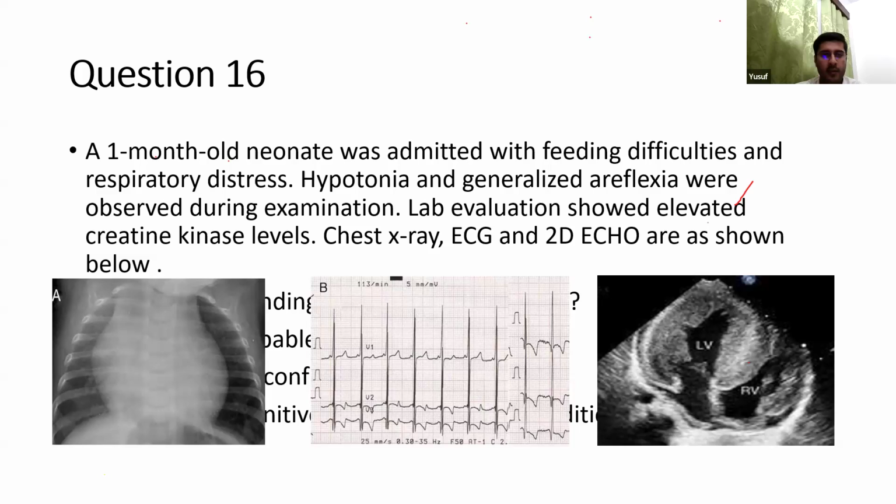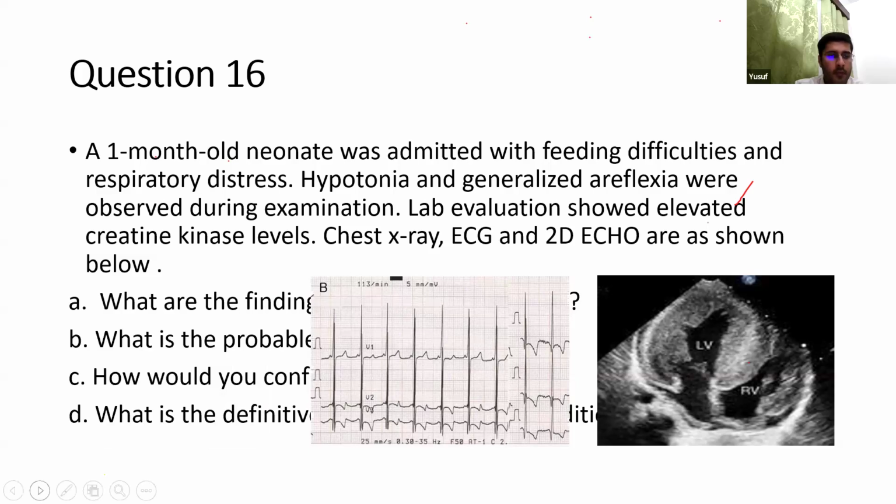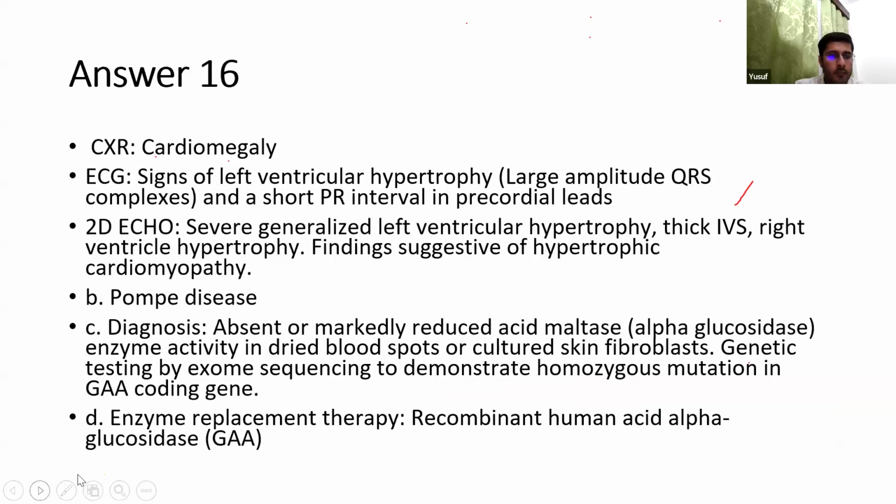Hypertrophic type of cardiomyopathy. Yes. So the X-ray was showing cardiomegaly. The ECG was showing signs of left ventricular hypertrophy with large amplitude QRS complexes. The echo was showing LV hypertrophy, thickened IVS, and ventricular hypertrophy. So the diagnosis, as you correctly pointed out, is Pompe's disease.